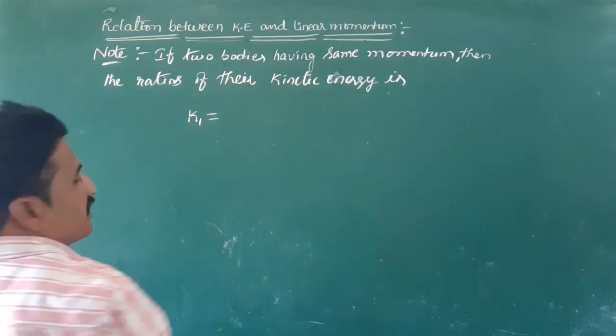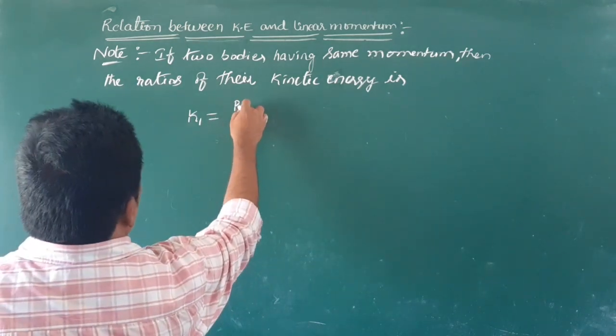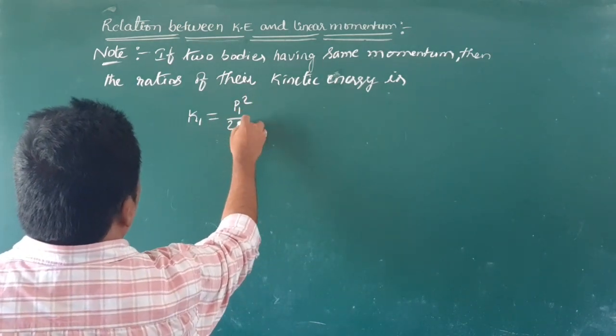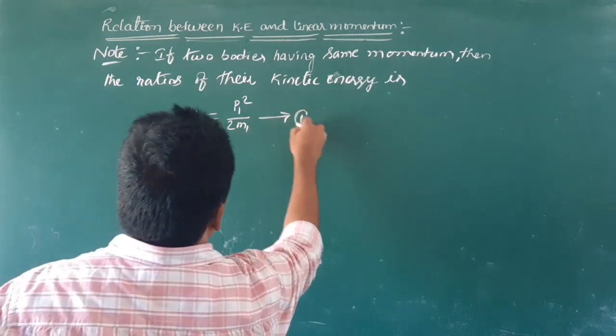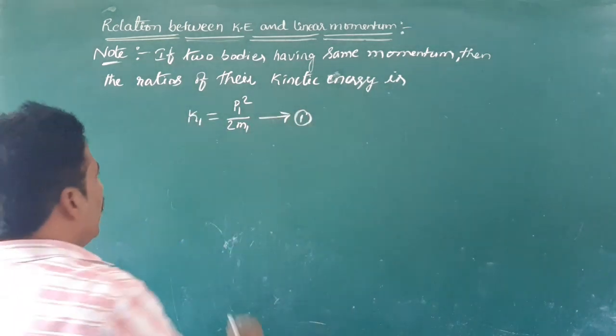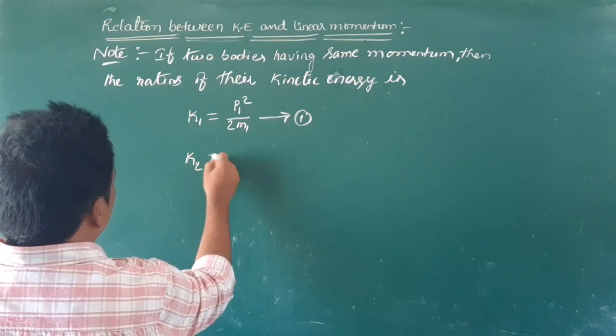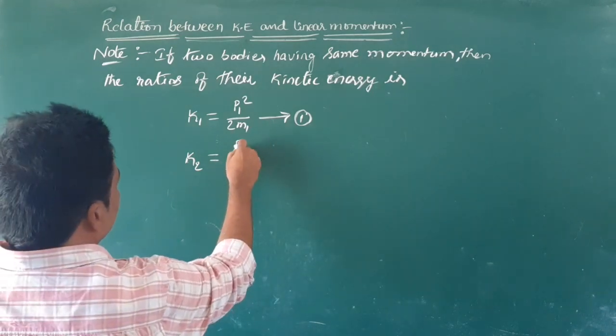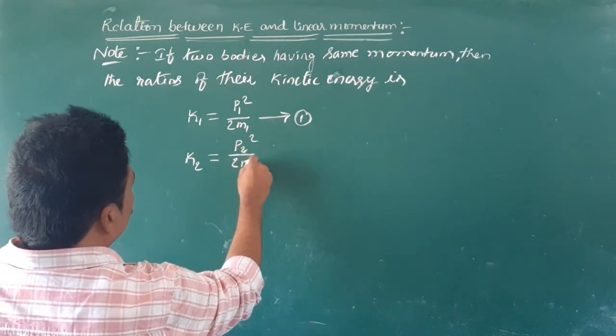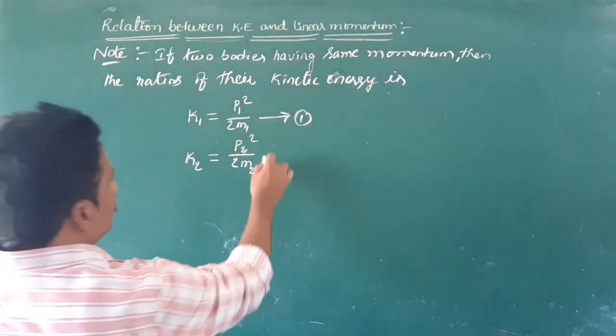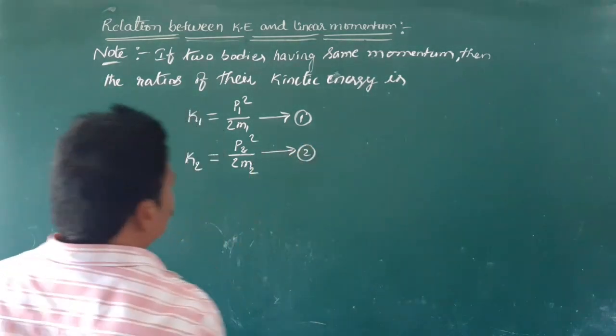Kinetic energy K1 for the first body is p1 square by 2m1, assuming this is equation number 1. Also kinetic energy K2 for the second body is p2 square by 2m2, students. This is equation number 2.